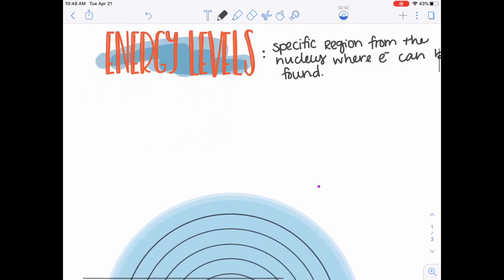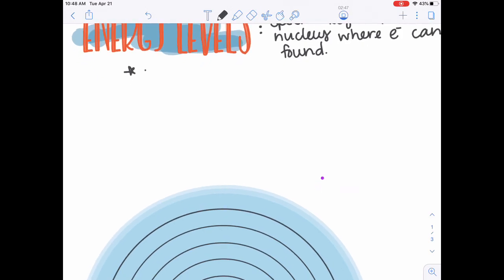To date, currently, we have 7 energy levels that we know exist. They are numbered 1 through 7.